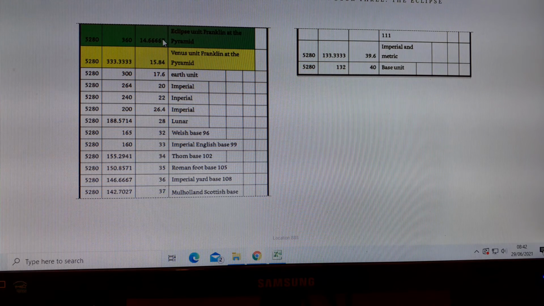And these are units, sequential units, that are found by all metrologists when they're looking at these systems. And they're all whole numbers. If you multiply that by 7, you'll get a whole number. And if you multiply that by, I'm not sure exactly, but you can get a whole number out of it. I think you're working with 34 over 33 when we're working Tom and the imperial system.